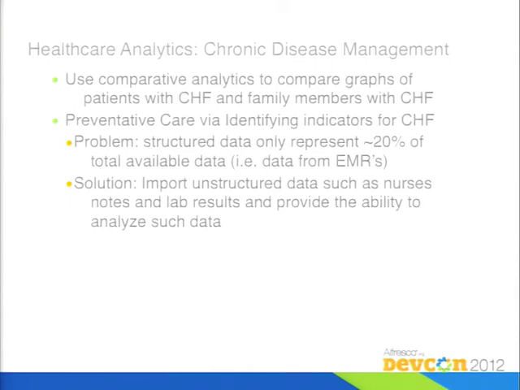That's a scary thought, that providers are making potential life-saving decisions on only 20% of the data. So what we really want to do is grab that extra 80% of unstructured data and pull it in, and allow physicians and clinicians to make a more informed decision about your health.